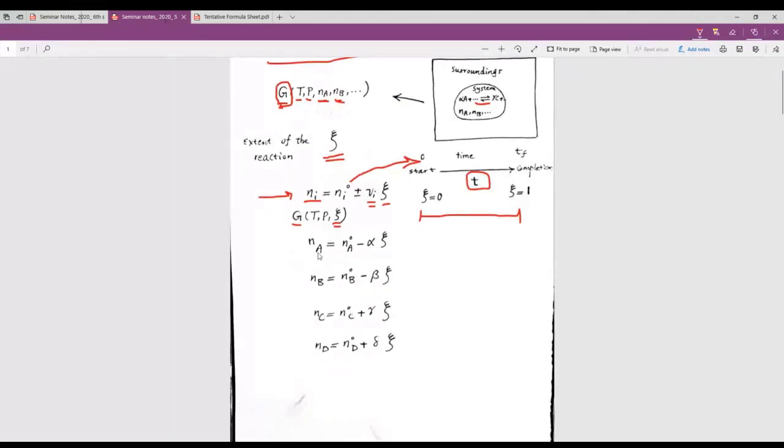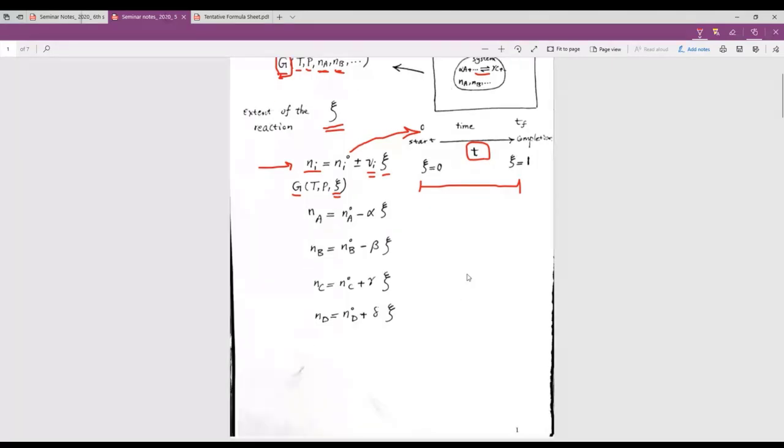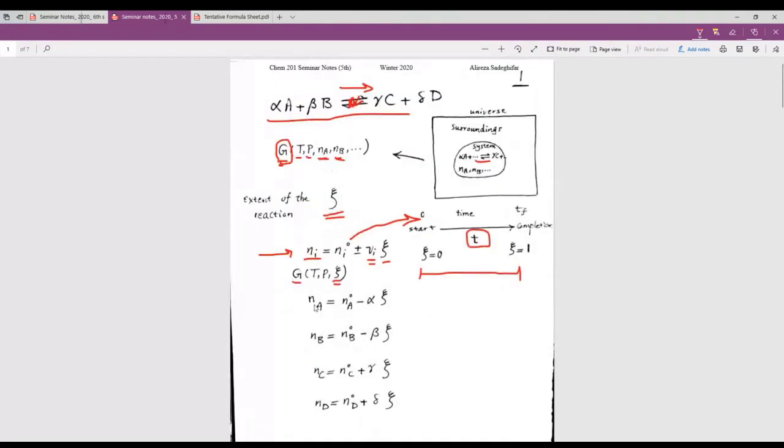I'm just giving you some examples here. For example, for A in this reaction, the number of moles of A at time t is the number of moles at time 0, negative because it's a reactant, according to the convention. And then what is nu i?